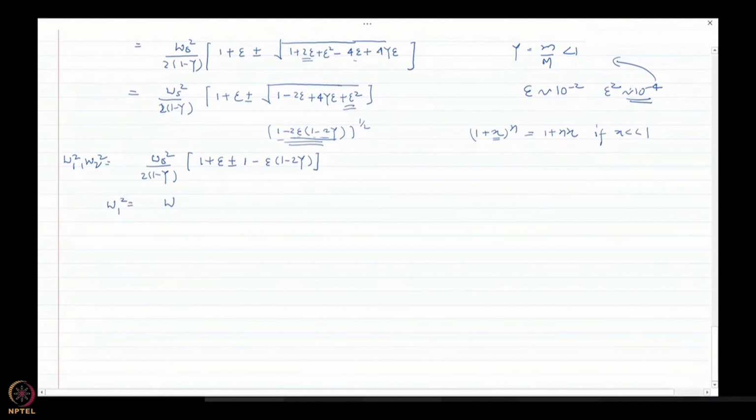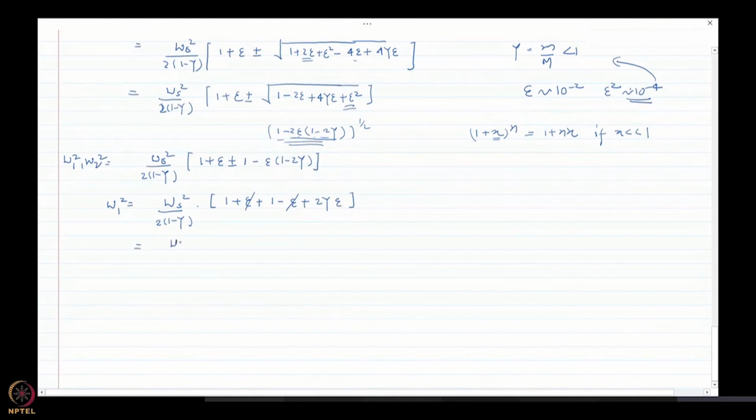The lower frequency would be omega 1 and the higher frequency would be omega 2. Okay, so this is omega square 2 times 1 minus gamma. I am considering the positive term now, so it would be plus 1 minus epsilon plus 2 gamma epsilon. So this term will cancel off.